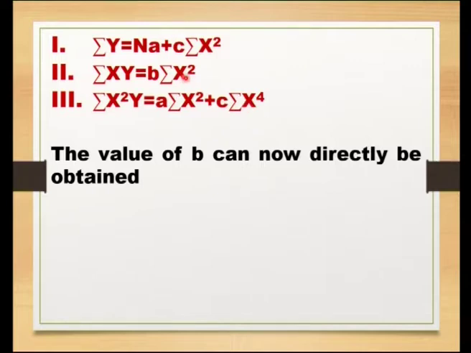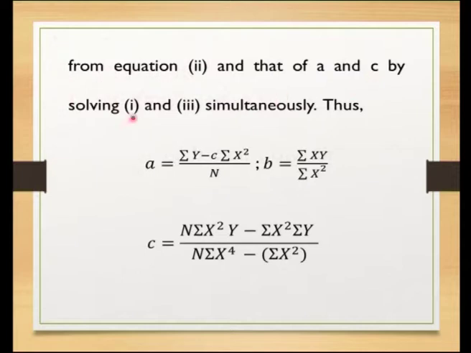The second equation gives you the value of b, and then a and c can be solved by the first and third equation simultaneously. So, likewise it is computed: a is equal to summation y minus c into summation x square, divided by n. This formula of a, b, c has to be used only when summation x and summation x cube is equal to 0.